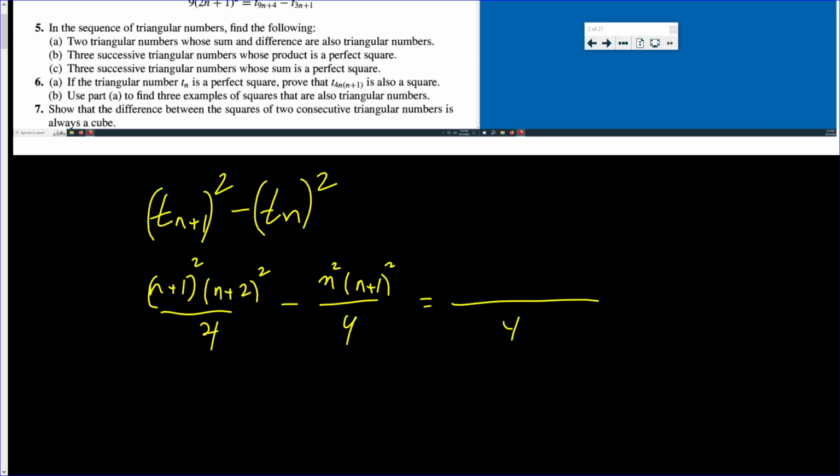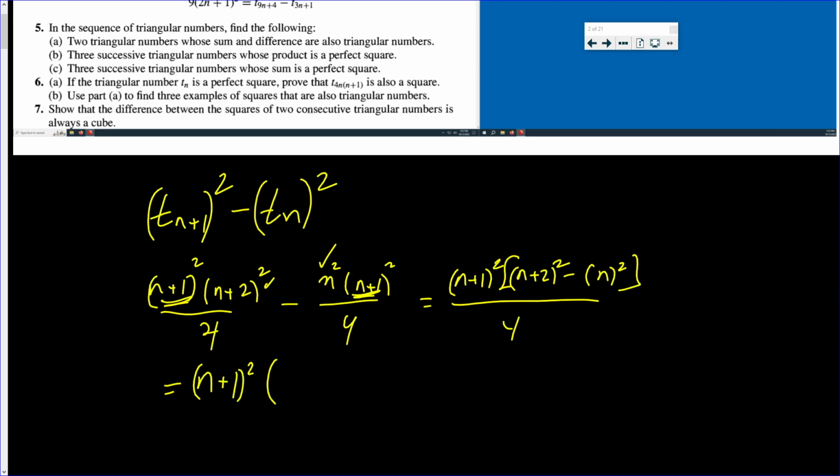Everything's over 4. I can factor out (n plus 1) squared. And then I get this minus that. I get (n plus 2) squared minus n squared. So we have (n plus 1) squared times something else over 4.